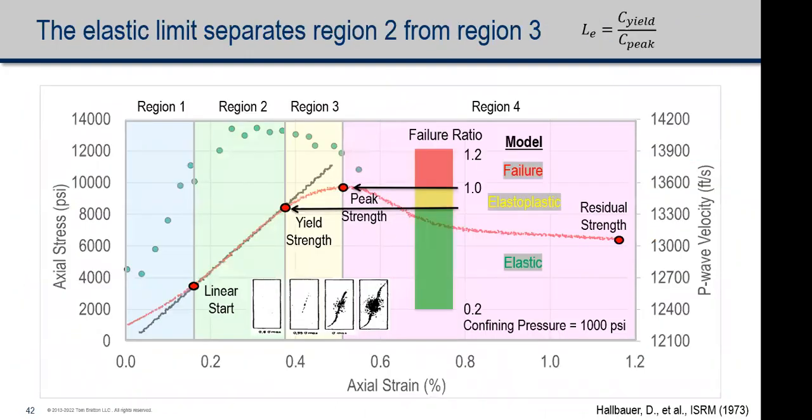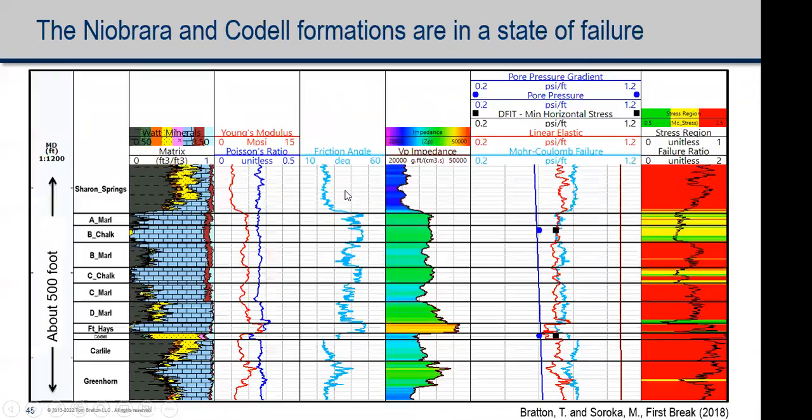The point that I'm making here is we know how to do this. We take the 3 stresses, the minimum, the maximum, and the vertical stress, and try to infer, rotate into what you think the failure plane is going to be. So we need the friction angle, and compute where we are on the stress strain curve, and quite often we find many formations are critically stressed, which is what we see here.